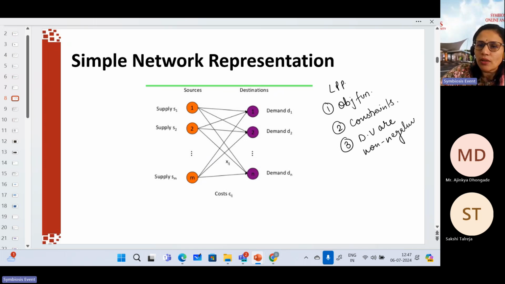It is possible that the number of units from the mth supply to the first destination is, let's say, 0. That means I'm not going to transport any value from here to here. Or it is possible that I will. If I do, it is going to be positive, otherwise it is 0. Therefore, we call this my non-negative restriction.